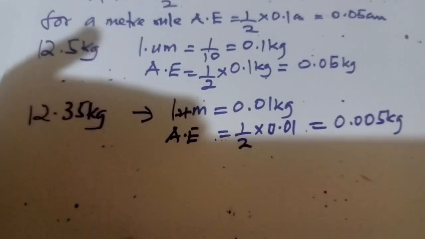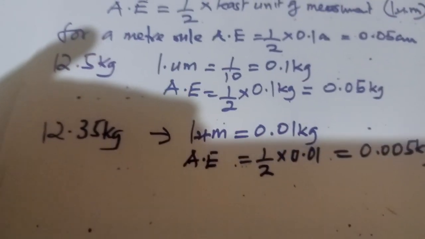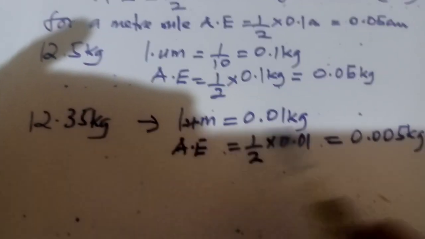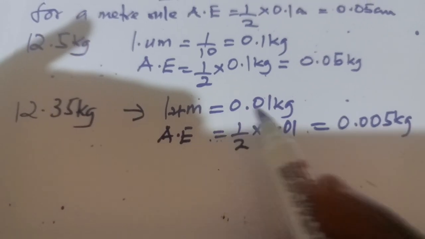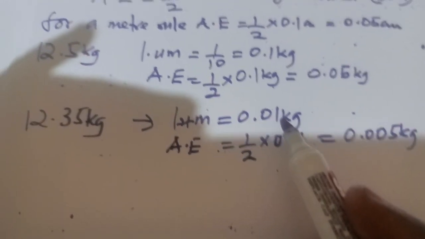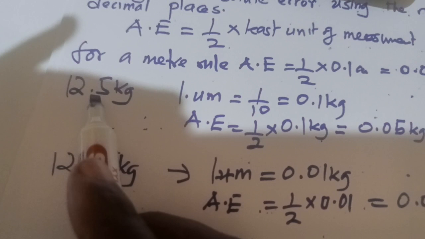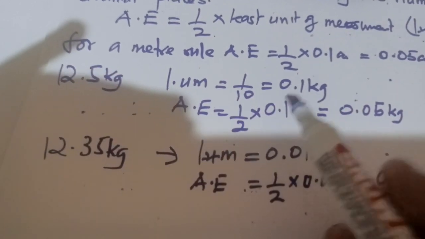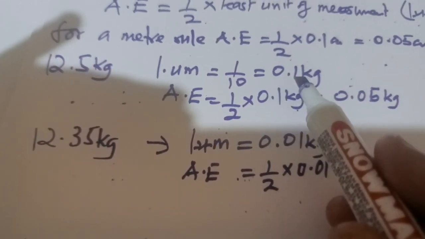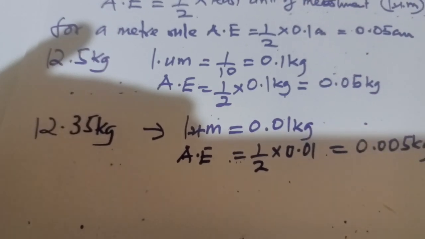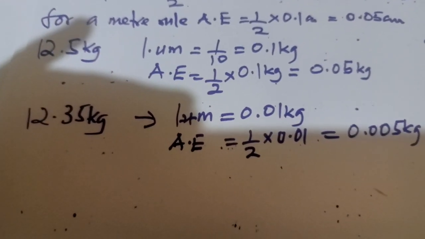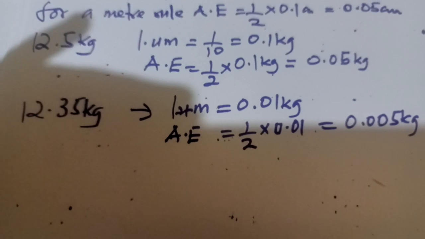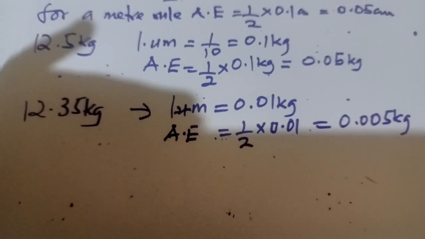Okay, so we can see when we have 2 decimal places, the least unit of measurement is 0.01. When you have 1 decimal place, the least unit of measurement is 0.1. What do you think will be the least unit of measurement when you have 3 decimal places? Correct, you are right.